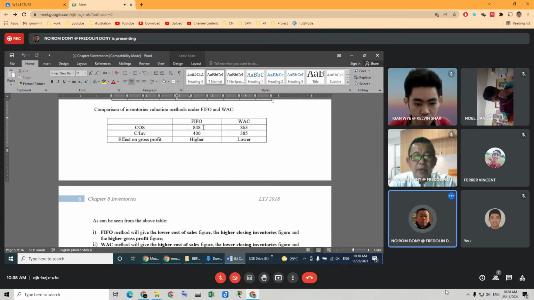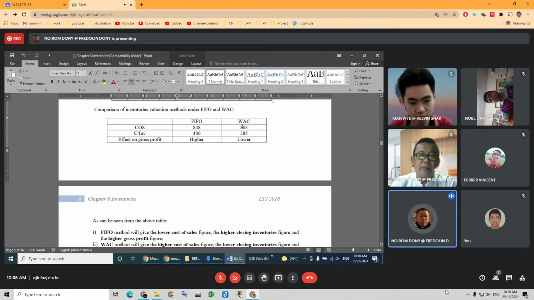Okay, so that is why if cost of sales is lower, your closing inventory will be higher. Why? Because closing inventory is using the latest price, which is higher prices. So what happened to the profit? The profit is higher, isn't it?